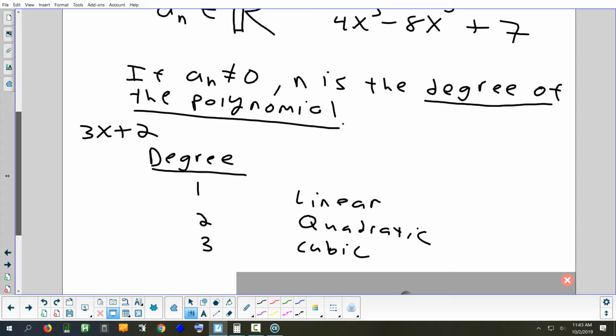If you had a degree 4, I didn't write that one, but does anyone know what a degree 4 is called? And then beyond that, I don't know any special names. Like if it's a degree 7, you just say that it's degree 7. Right? But these 3 are used quite a bit.